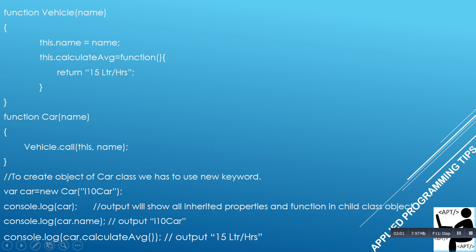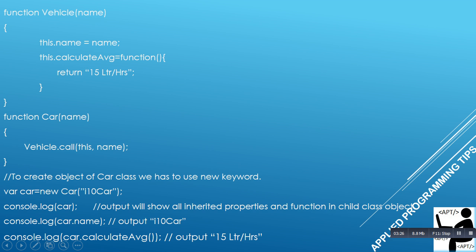You can put any name, any property, and you can process the desired result inside the function. This whole block of code defines the class in JavaScript. So I created a Vehicle class, and also a Car class.